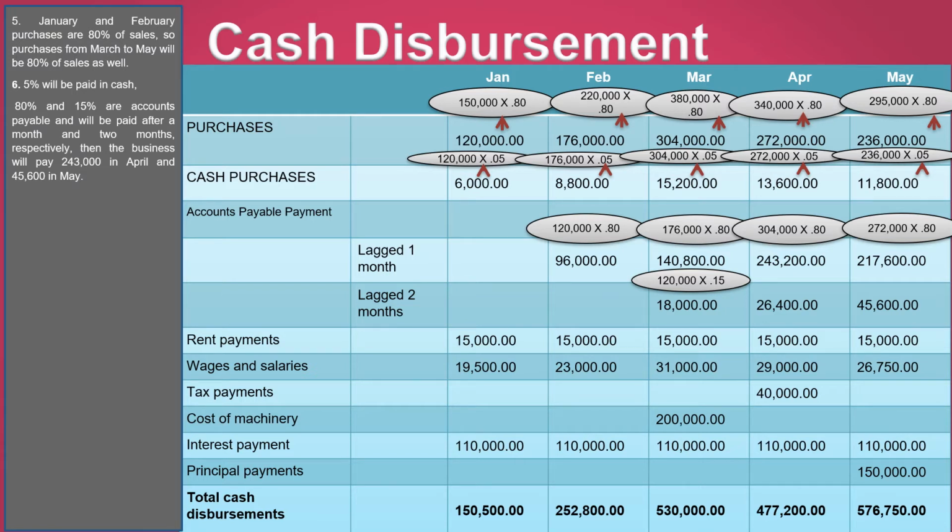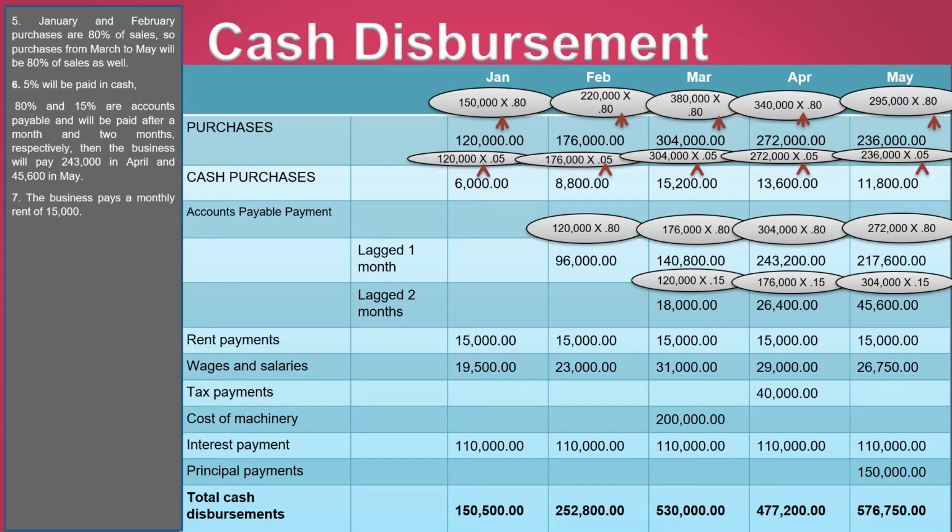That's why, as you can see here, 120,000 multiplied by 15%, you'll get 18,000, meaning we're going to pay the remaining purchases worth 18,000 for the month of March. So the 26,400 here that is posted in the month of April is the 15% of purchases from the month of February. For the month of May, that is the purchases from the month of March.